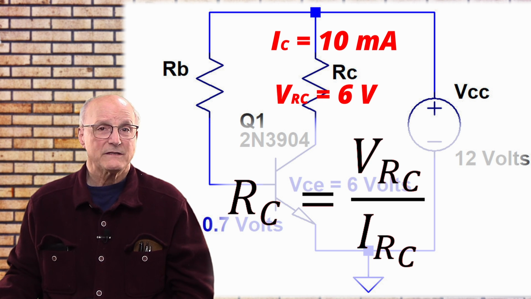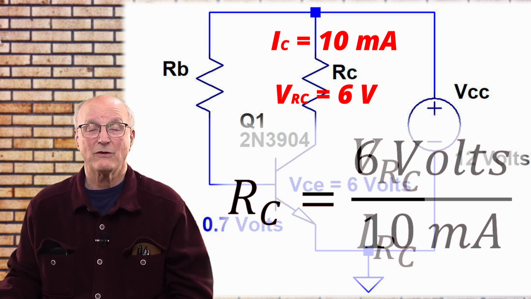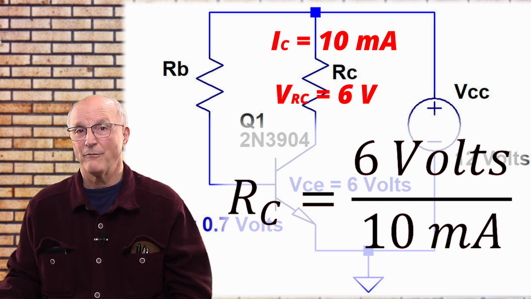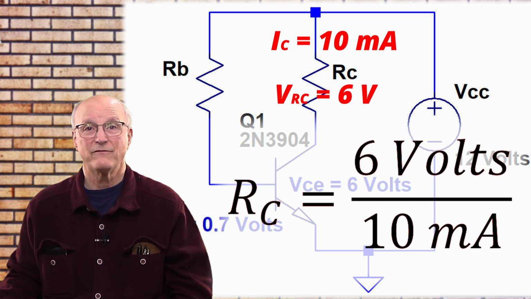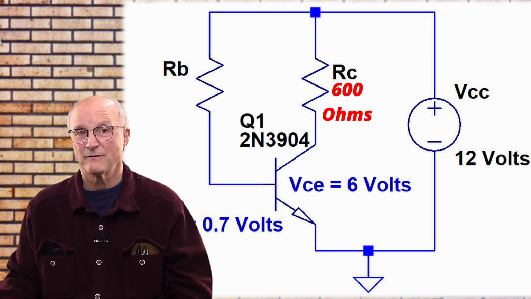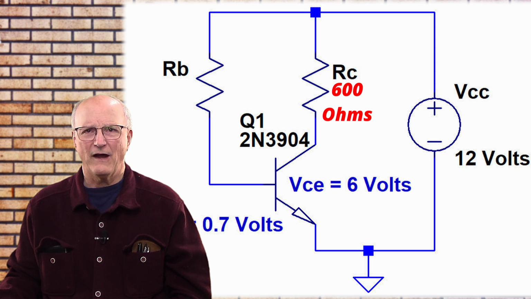Putting all of this into our Ohm's law equation, we have the value of the collector resistor is equal to 6 volts divided by 10 milliamperes. This gives us a collector resistor value of 600 ohms. So we've achieved our first objective. We have defined the value of the collector resistor.